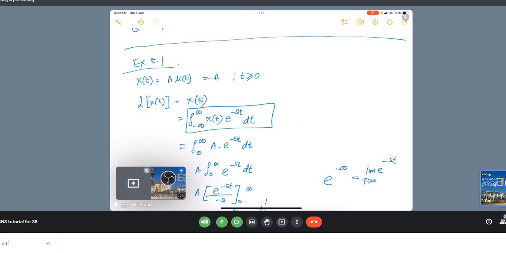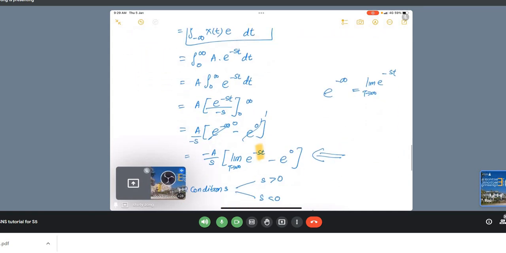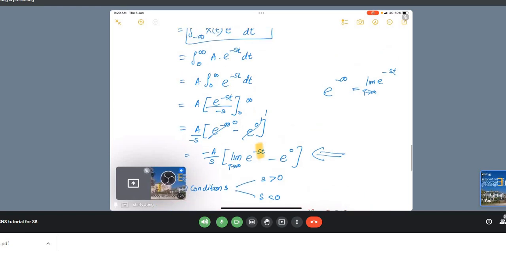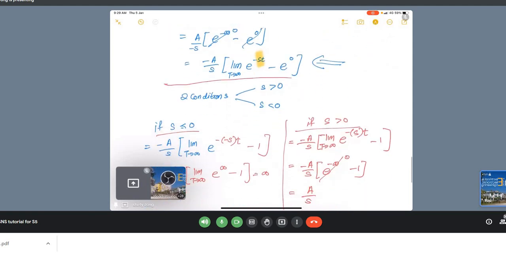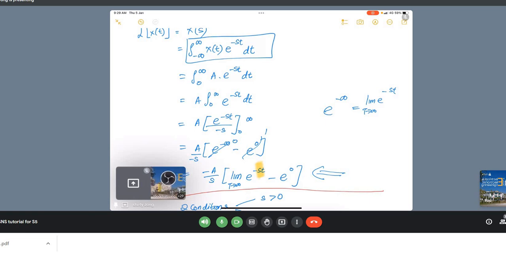In S domain, you need to test the limits, whether s is more than 0 or less than 0, because if s is more than 0, you have a different value. Less than 0, also a different value. Up to here, are you okay?